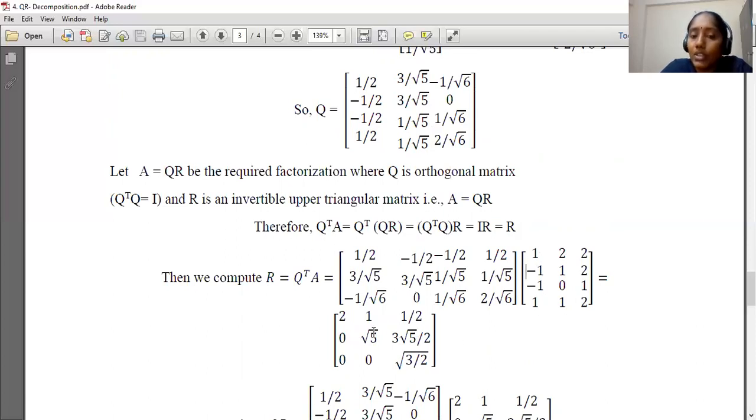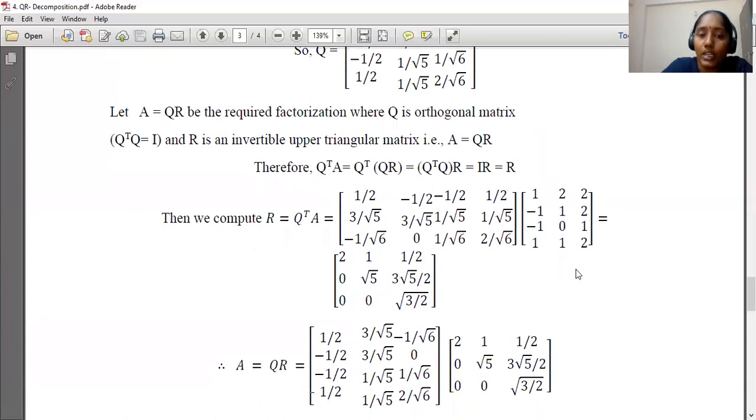Here is one more verification step. If you are not getting an upper triangular matrix, you made a mistake somewhere in the calculations, either in the orthogonal matrices or in the multiplication. If you want, you can also check that the product of these two matrices gives A or not.